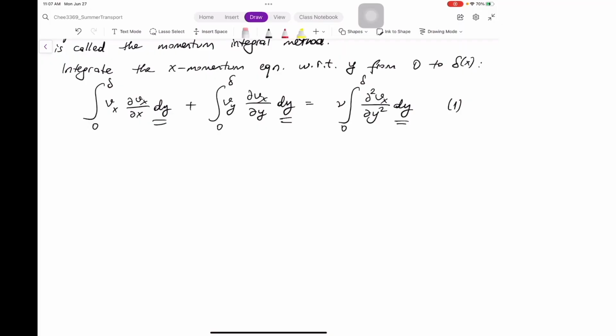Let's focus on the second term, and let's integrate it by parts.